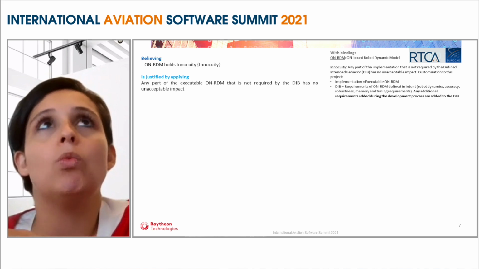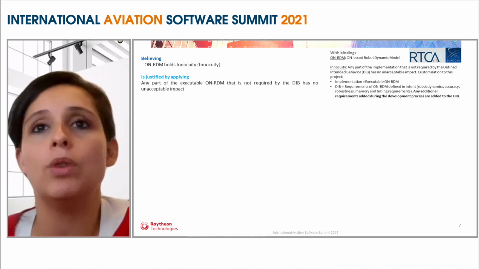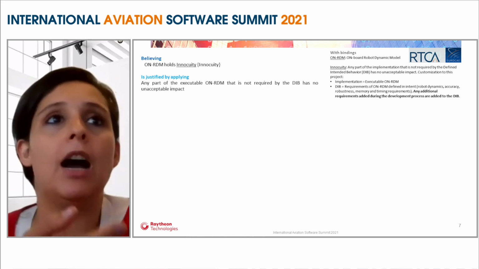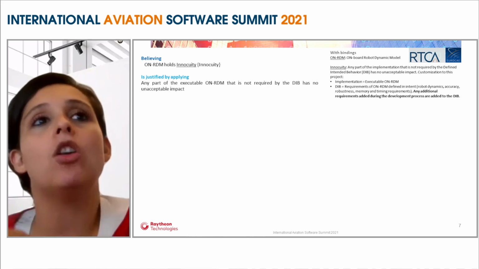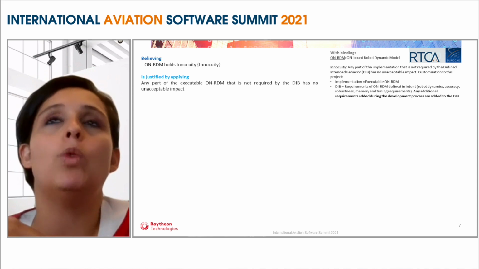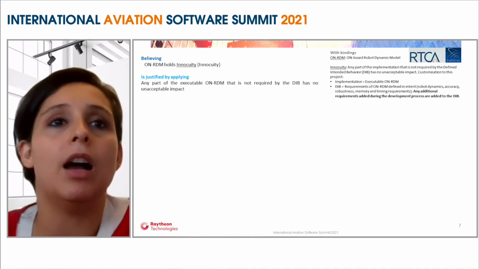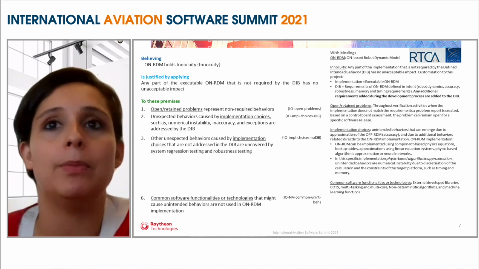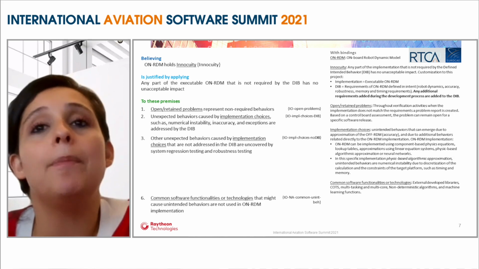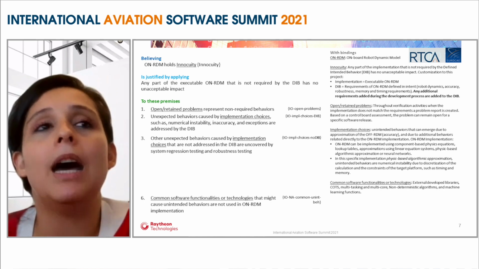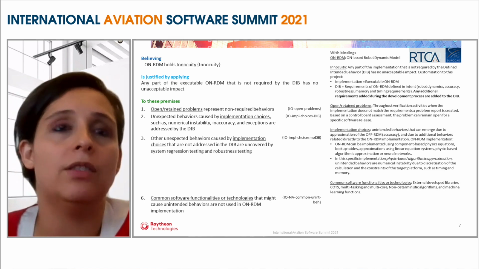That is the reason why, when we started writing Innocuity, we started to work on defeaters. So what will defeat our argument? Then later in the argumentation process, we transform those defeaters into the premises. And here you will see the premises. These 4 premises that you're seeing right now aim to identify additional behaviors.